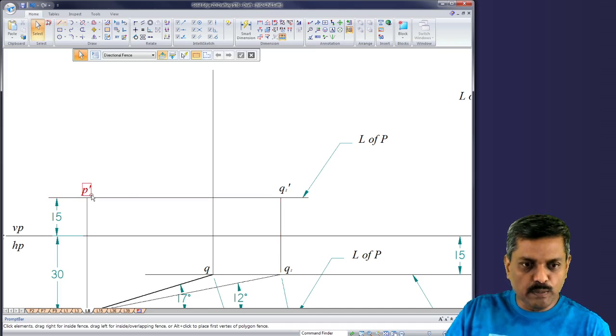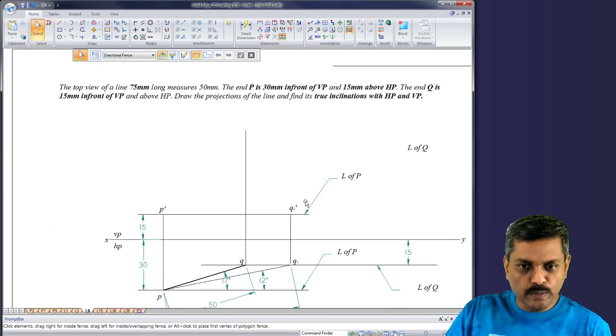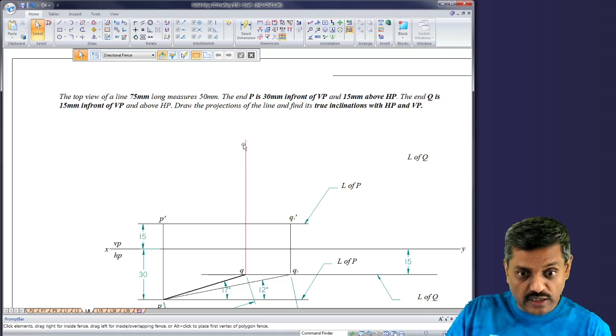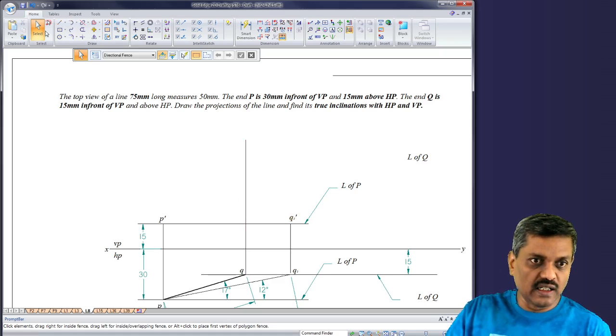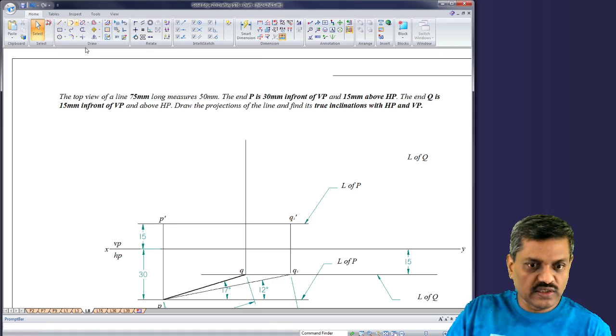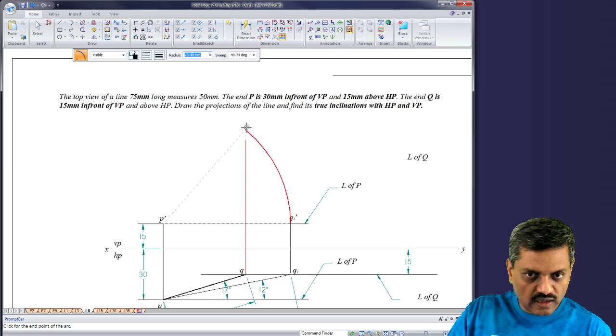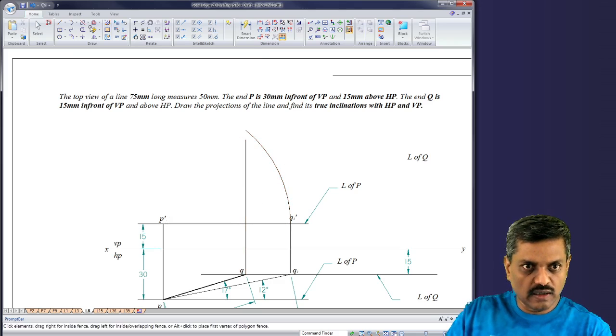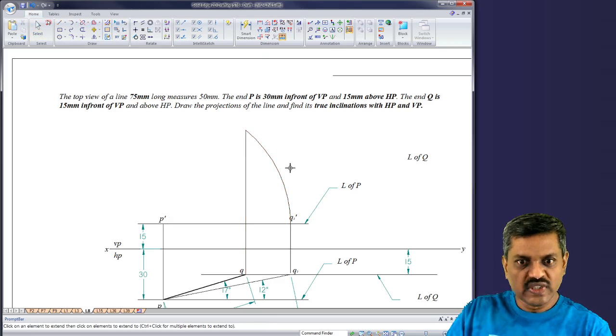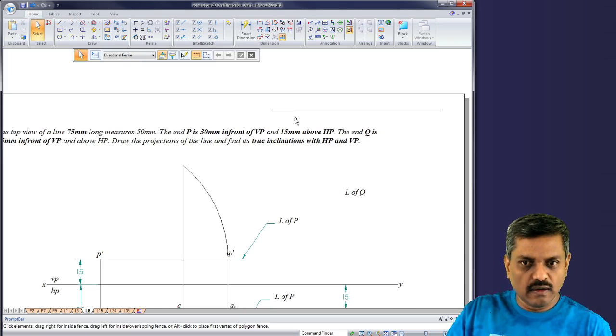Okay, this p dash q2 dash, q2 dash should be shifted to this particular vertical end projector. So how to do that? You take up the arc by center point method, then pick up this point as the center and this as the radius, and then try to draw until it meets this, and then you can extend till it meets.